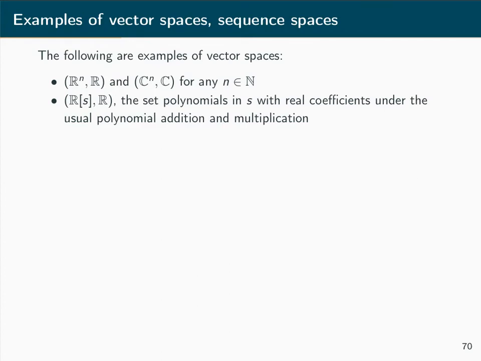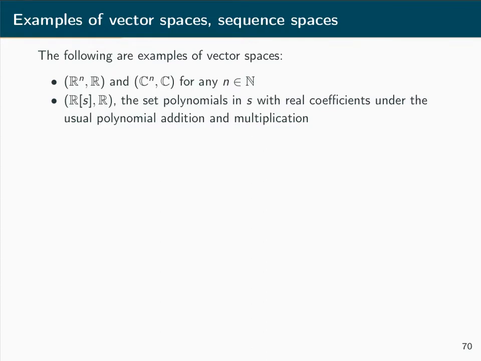Now let's look at some examples of vector spaces. As already mentioned, of course, the classical vector spaces, so Rn with the field of the reals and also Cn with the field of the complex numbers, are vector spaces for any number n in the natural numbers.